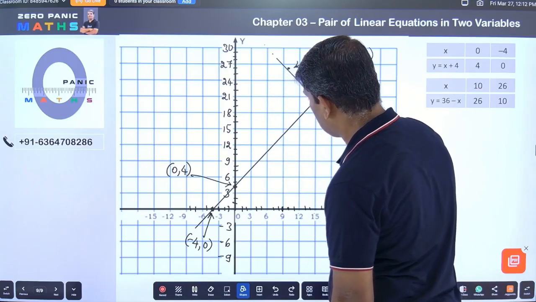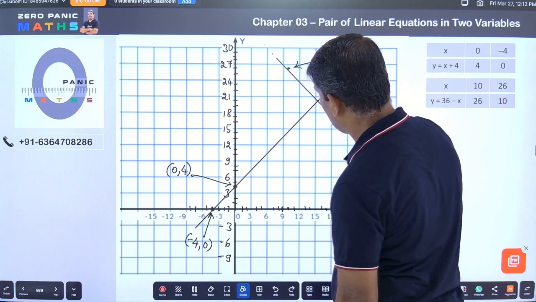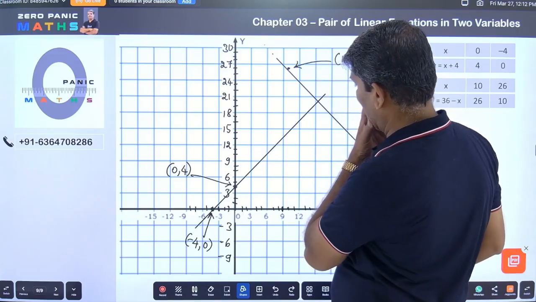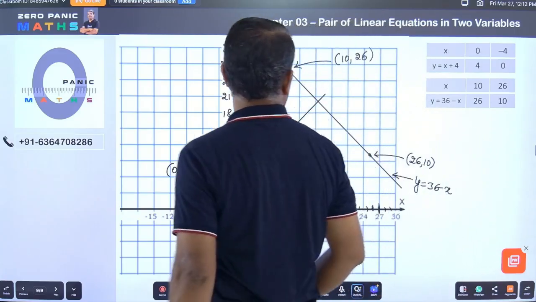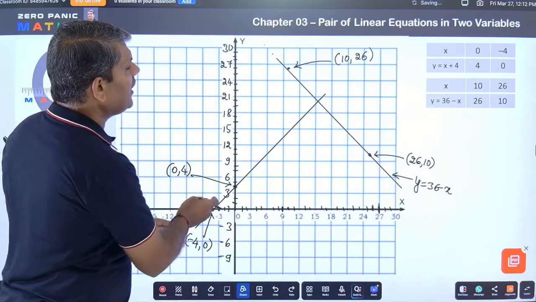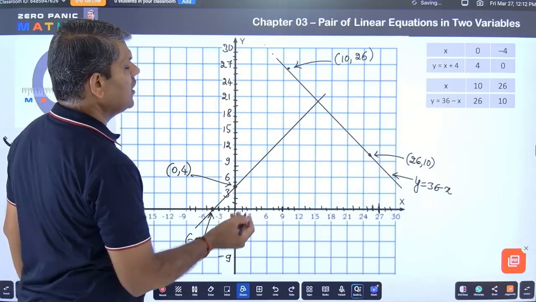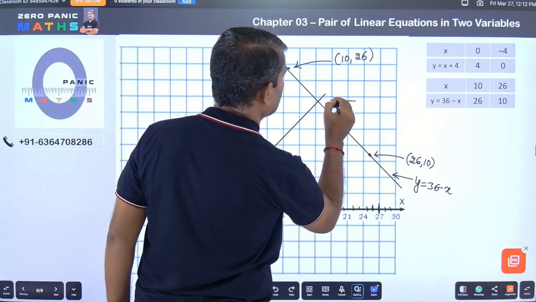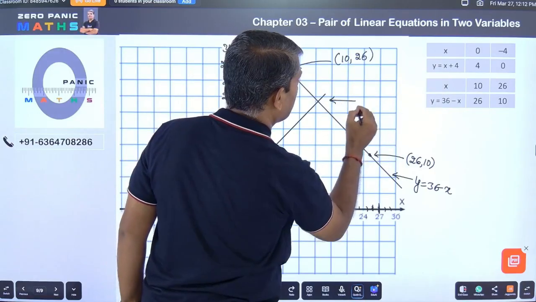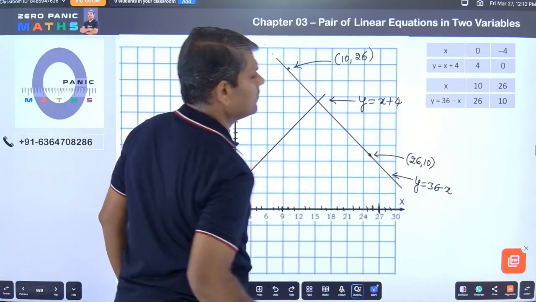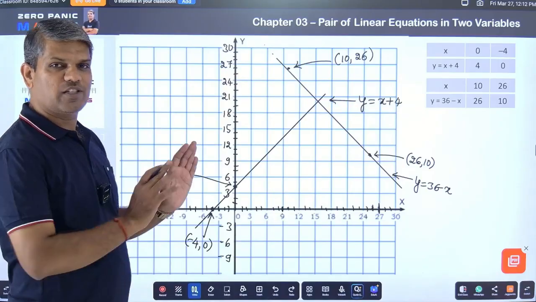See to it that those two lines are crossing also. Okay, fine. So this is that second line that is actually intersecting. What is the first line? The first line, y is equal to x plus 4. Okay, hope you understood this.